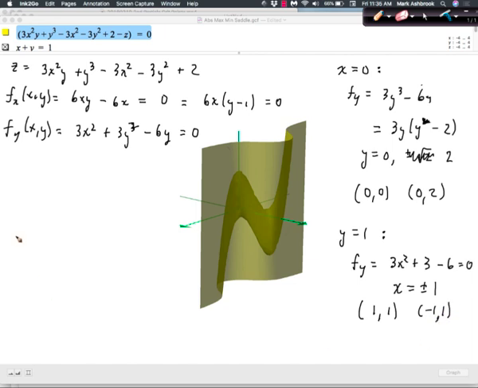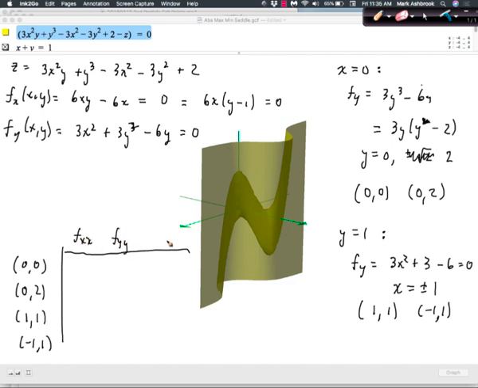The discriminant, so we can make a table for the discriminant. (0, 0), (0, 2), (1, 1), and (negative 1, 1). And we could look at what fxx is, what fyy is, what fxy is, and then D for each of those.